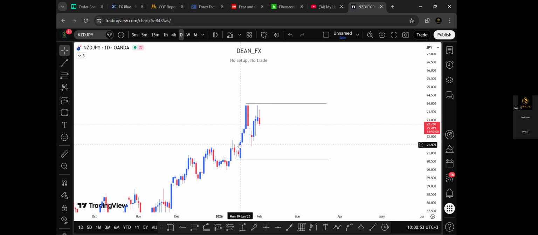See, price came to this fair value gap here and reacted off it. What we are waiting to see is maybe price causing a break of structure around this zone, or breaking this low, so that we know if the market structure has shifted to bearish, or maybe you are continuing with the buys.